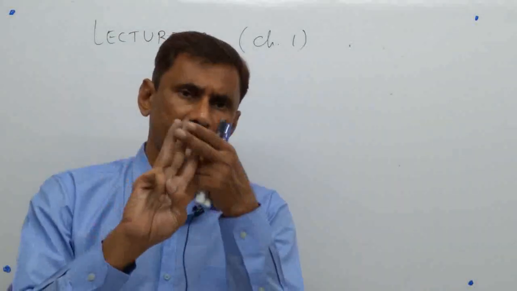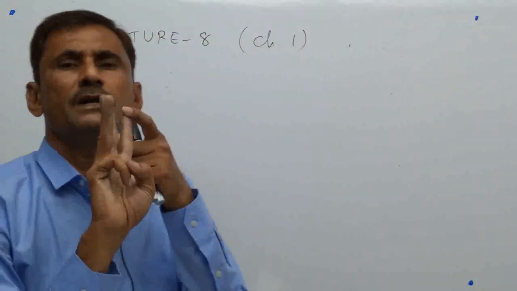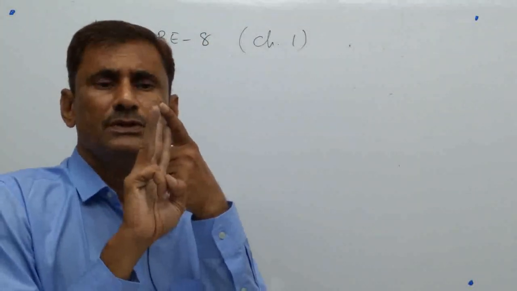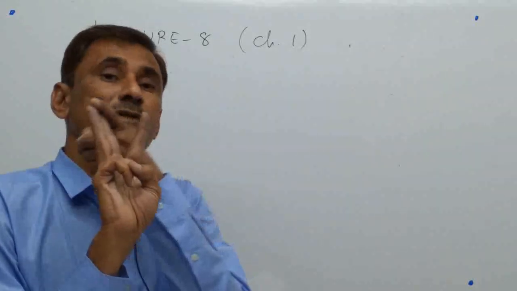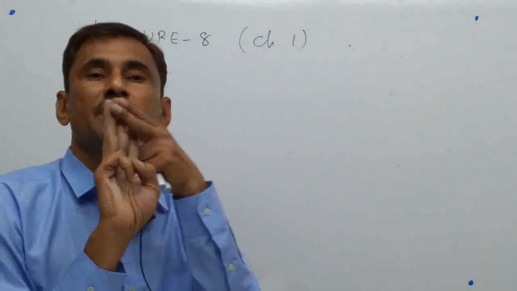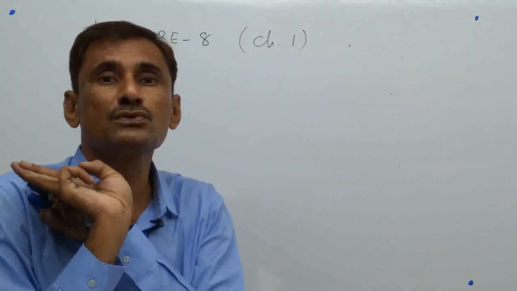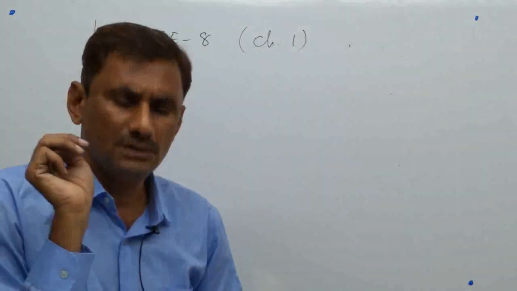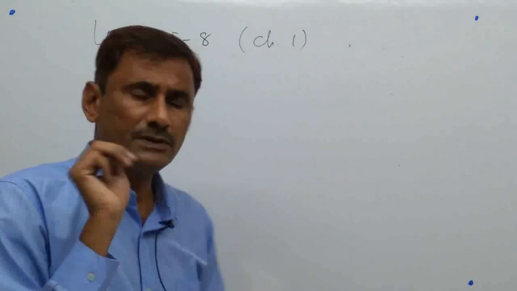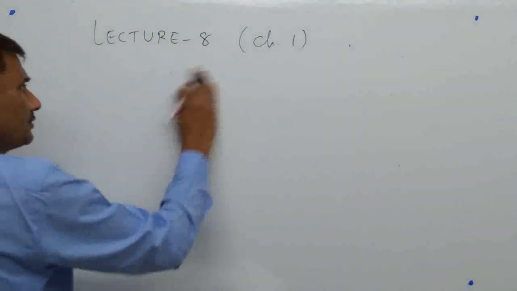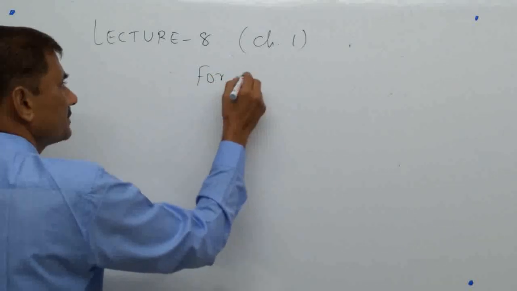If A, B, C 3 numbers are there, first of all you can add A and B, otherwise you can add B and C first, otherwise you can add A and C first. So which two numbers are added first is not important. That is called associative property. So far we are talking about addition only.